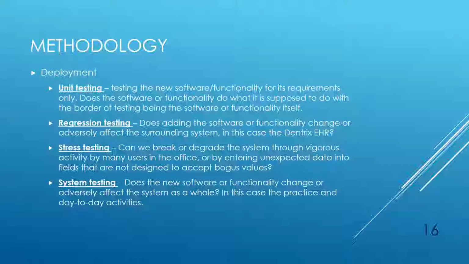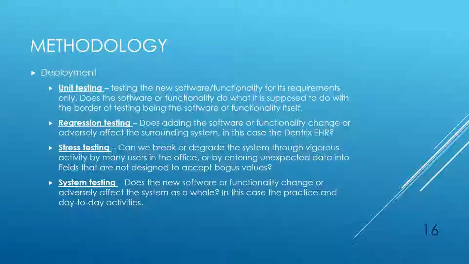Now, the types of tests that we normally run and that we were anticipating being run for this implementation are unit testing. That's where we test the new software or functionality for its requirements only. Does the software or functionality do what it's supposed to do, with the border of testing being the software or functionality itself?